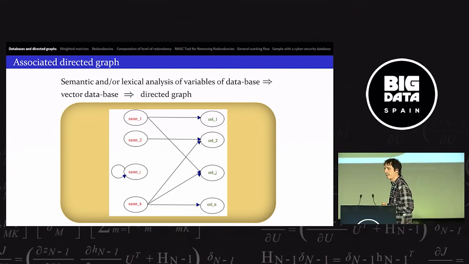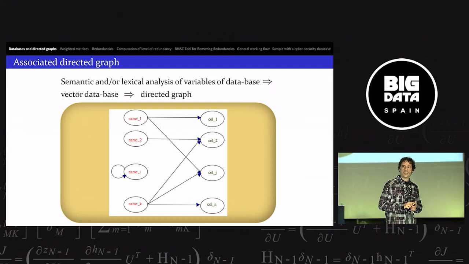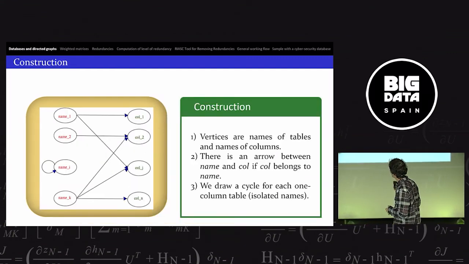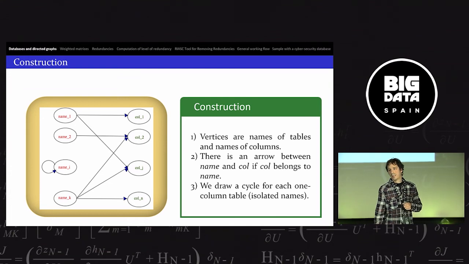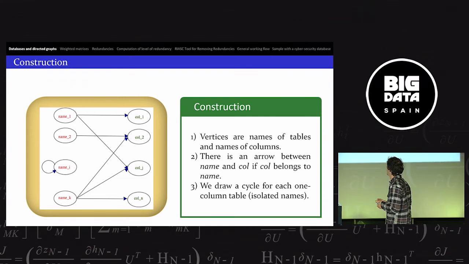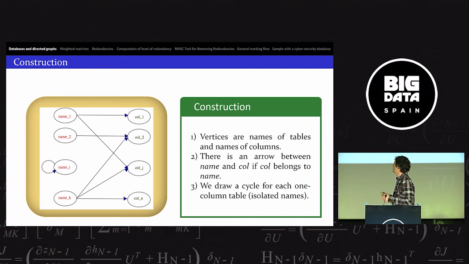And price, size, and neighborhood are going to be column 1, column 2, and column 3, for example, right? And we have an arrow between name I and column J if column J belongs to a table representing the categorical word name I, okay? This can be quite general, and there are just 3 rules to get our main object, okay?